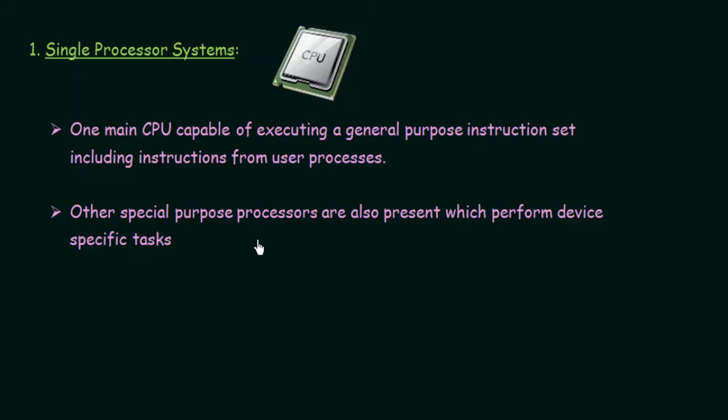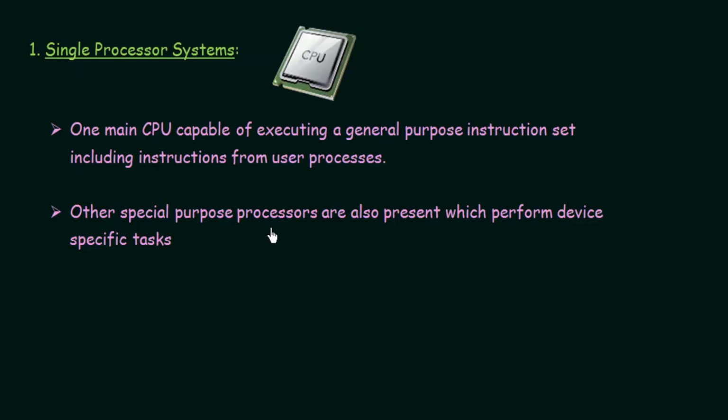So these kinds of special purpose processors are also present, but they are not for general purpose, only for specific purposes. Now you may question me saying that I said it is a single processor system, but here I have already shown you more than one processor. I said that there is a general purpose processor and also special purpose processors.